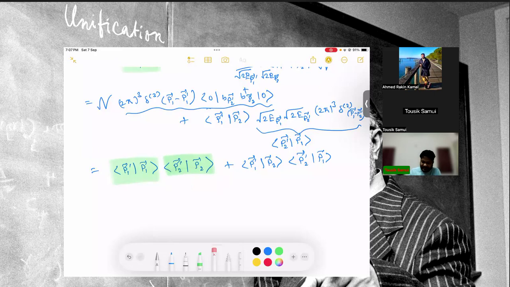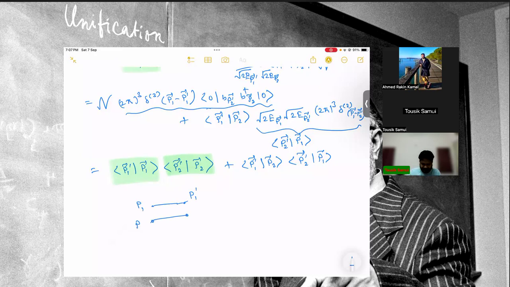So pictorially, it is like P1 going to P1 prime with the condition, because of the delta function, that it essentially stays the same.